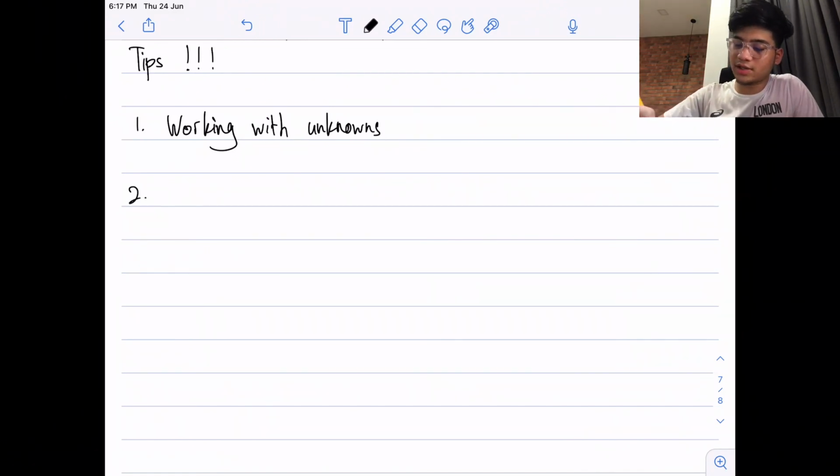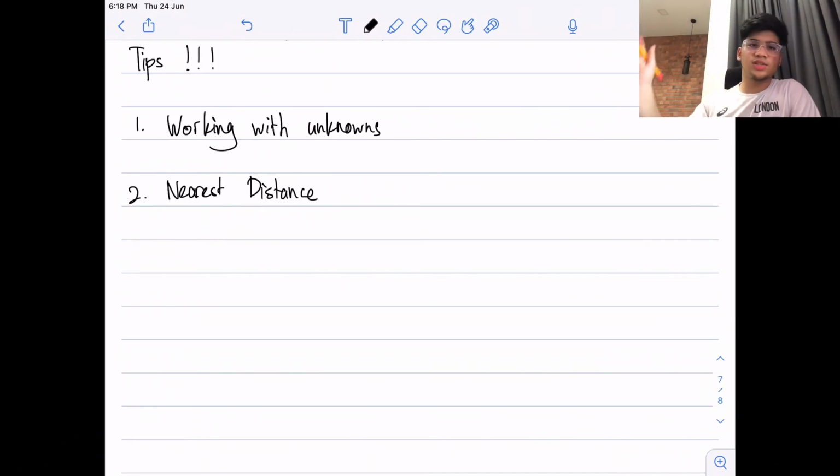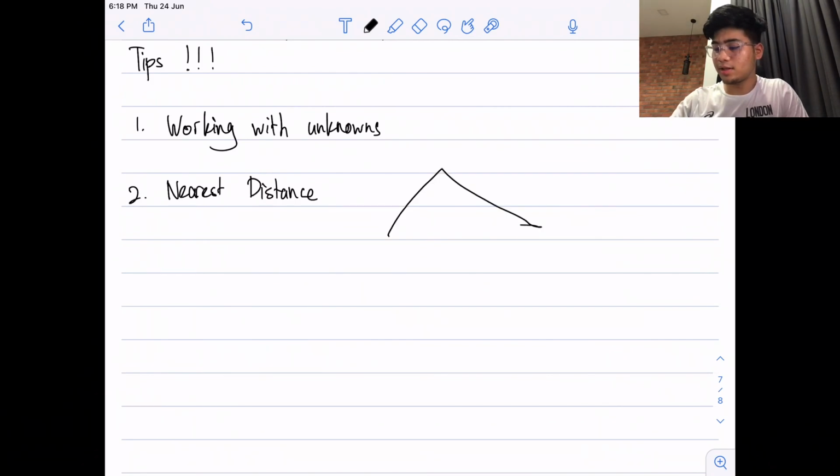Another one is actually, like I mentioned just now, find the nearest distance. Alright, so this could actually be used in our later chapter, which is chapter 9, solution of triangles. But basically they will give you this triangle. I don't know why it's not becoming my straight triangle as usual.